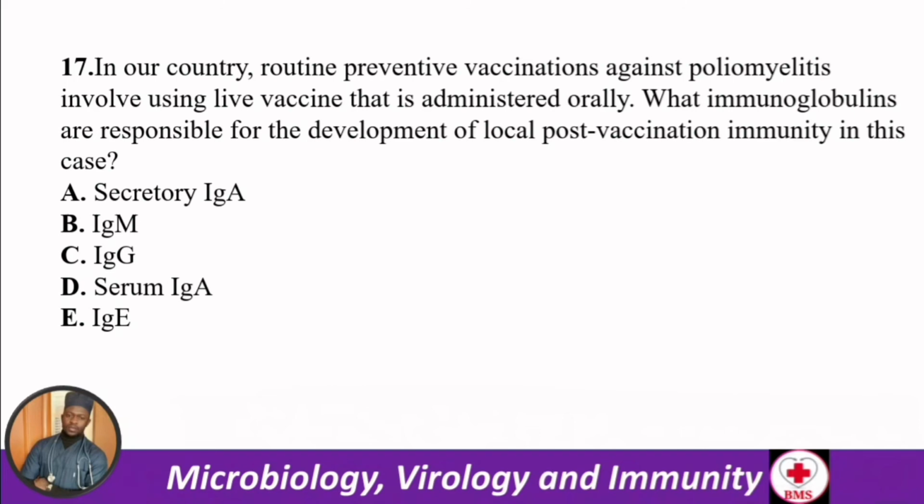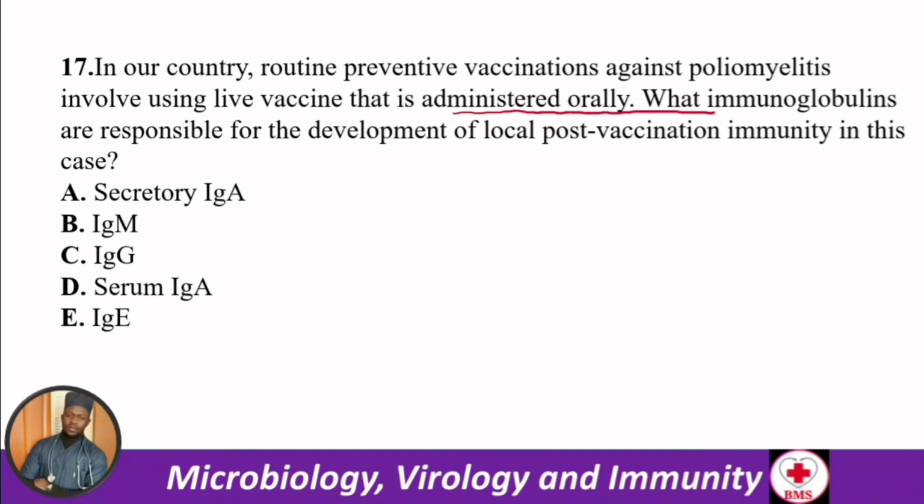In our country, routine preventative vaccinations against poliomyelitis involve using live vaccines that are administered orally. What immunoglobulins are responsible for the development of local post-vaccinal immunity in this case?